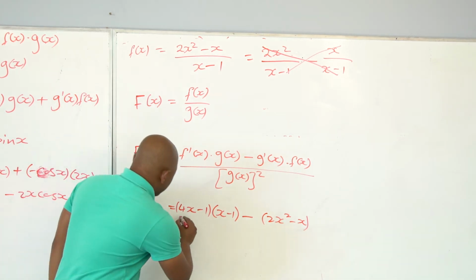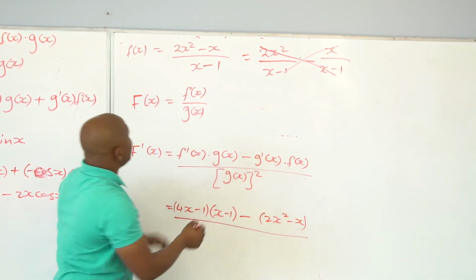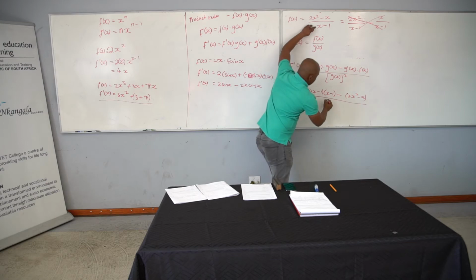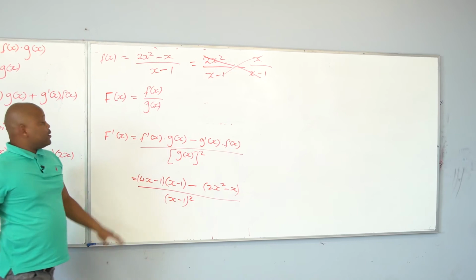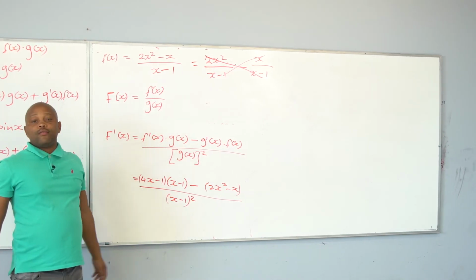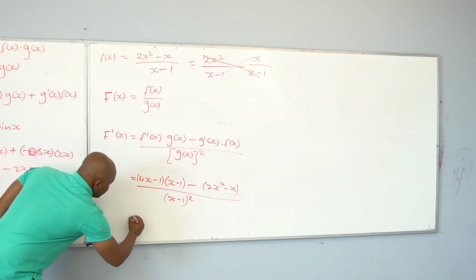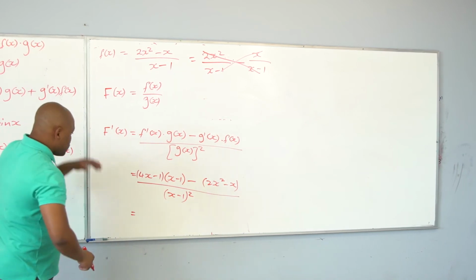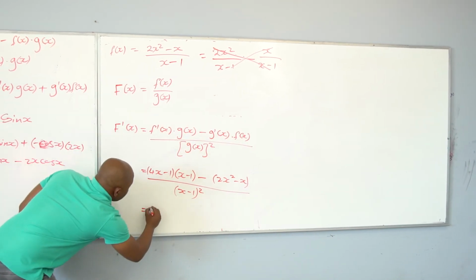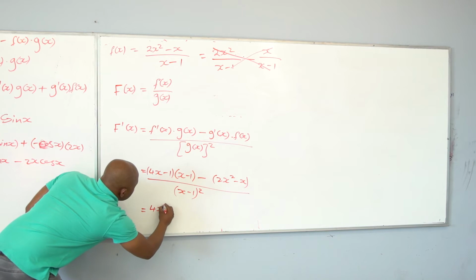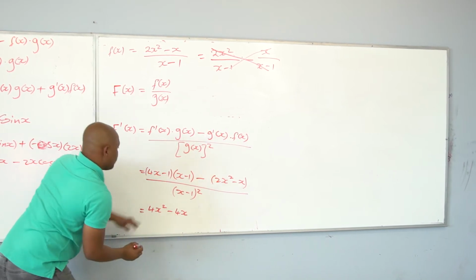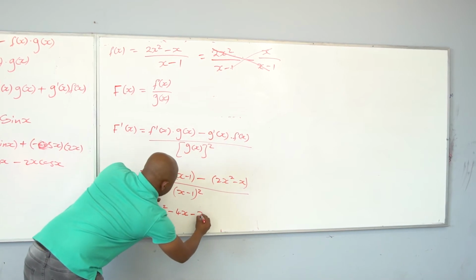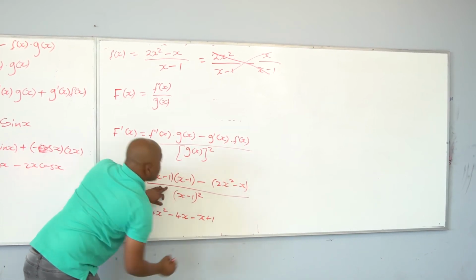And then divided by g x, which is the one at the bottom, so it's going to be x minus 1. But we must square it, according to this formula. And then from there you just multiply out. So this becomes 4x squared minus 4x, and then minus x plus 1.